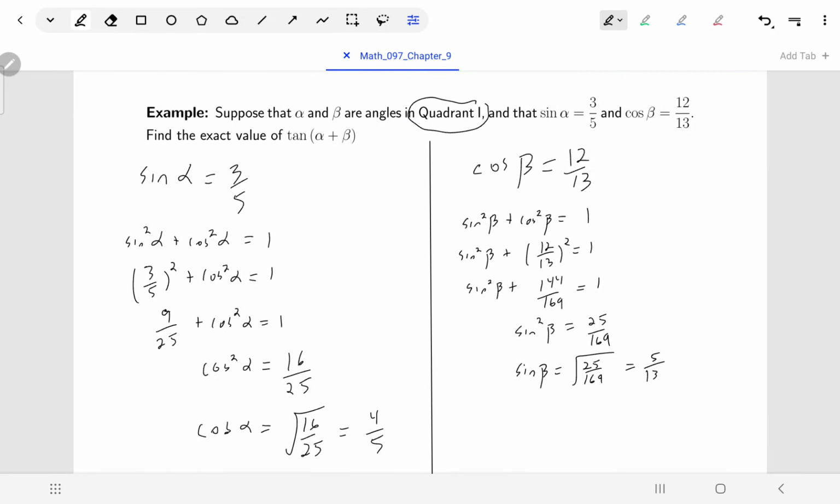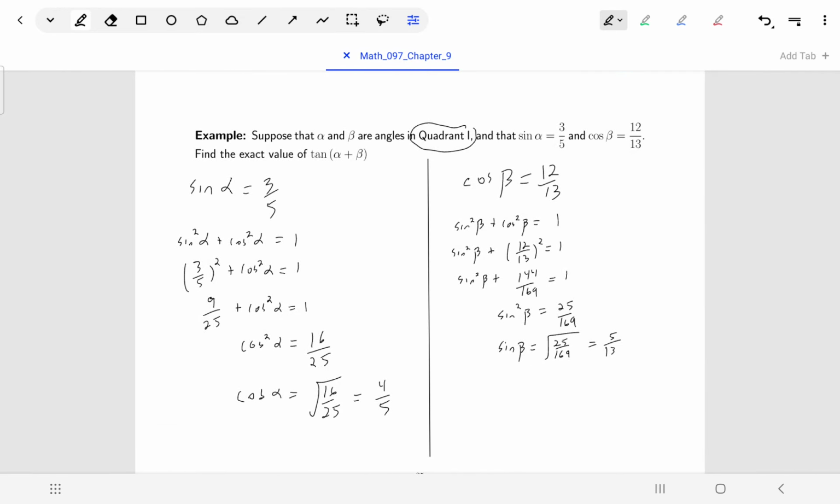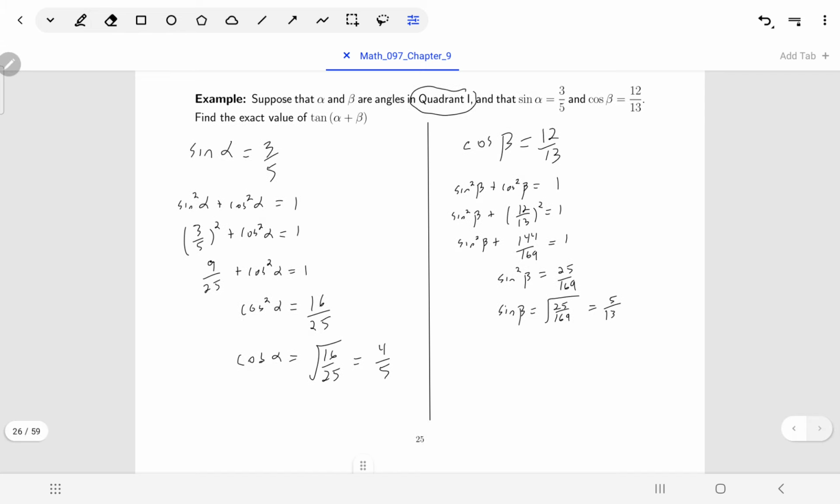And there we go. So we've got now our values for sine and cosine of alpha and also of beta. Now that I've got that, I can get my values for tangent. For the first one, tangent of alpha, that's easy enough to find because that's just sine of alpha divided by cosine of alpha, which is 3/5 divided by 4/5, and that turns out to be just 3/4.